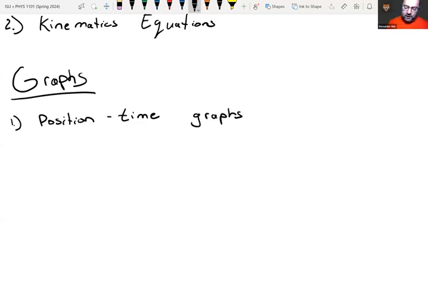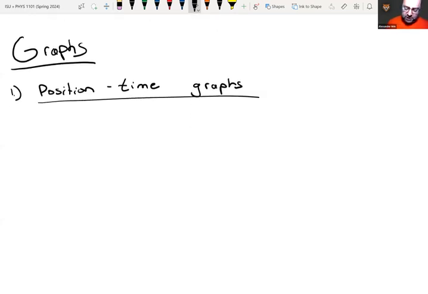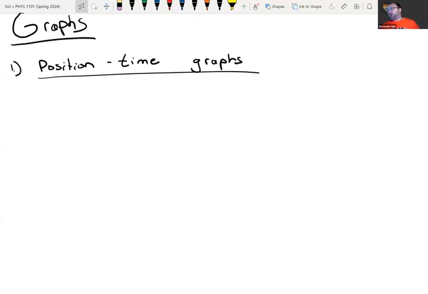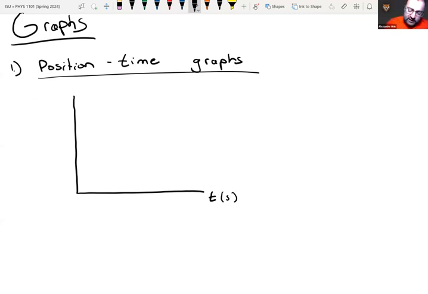Now, basically what you're dealing with when you're dealing with position time graphs, and I'll sketch these. I want to show you some constructed ones, but a lot of times being able to sketch them is helpful. So the way a position time graph works is you do a one quadrant graph and you put t, and a lot of times you indicate the units in parentheses, on one axis, and then you put position.